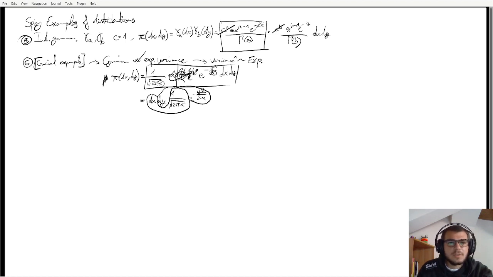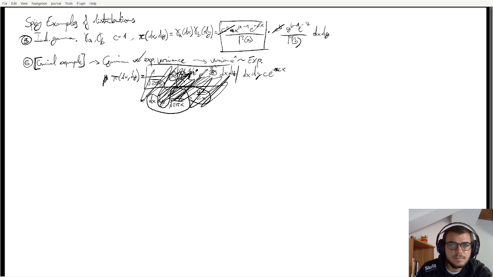I forgot a crucial point. Forget everything I said. Let's consider this one instead. So it's dx dy, c, e to the minus cx. And now yes, 1 over square root of 2 pi x, exponential minus y squared over 2x.